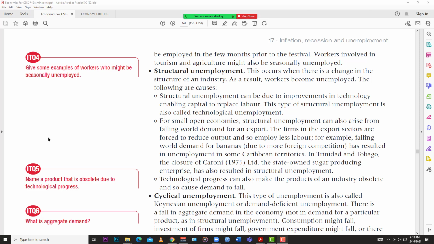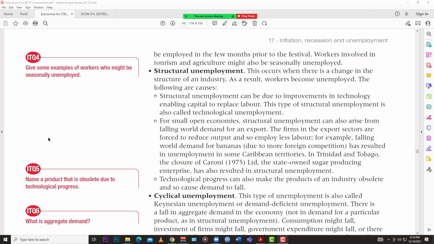For small open economies, structural unemployment can also arise from falling world demand for exports. The firms in the export sector are forced to reduce output and to employ less labor. For example, falling world demand for bananas resulted in unemployment in some Caribbean countries. In Trinidad and Tobago, the closure of Caroni (1975) Limited, the state-owned sugar producing enterprise, has also resulted in structural unemployment.